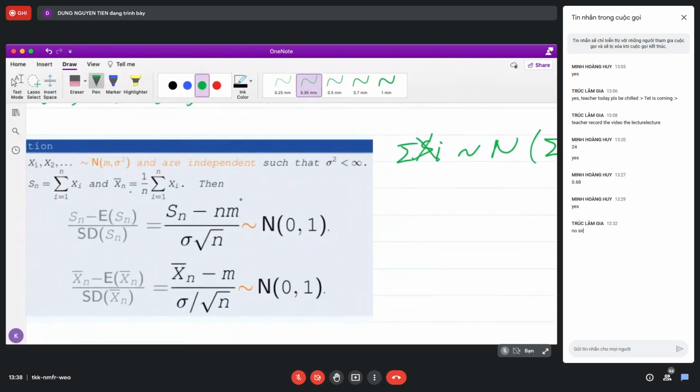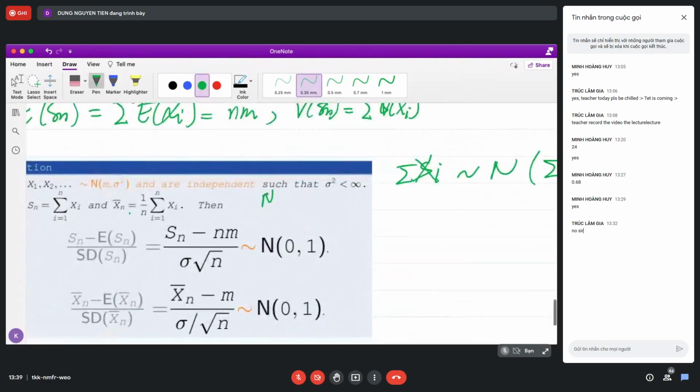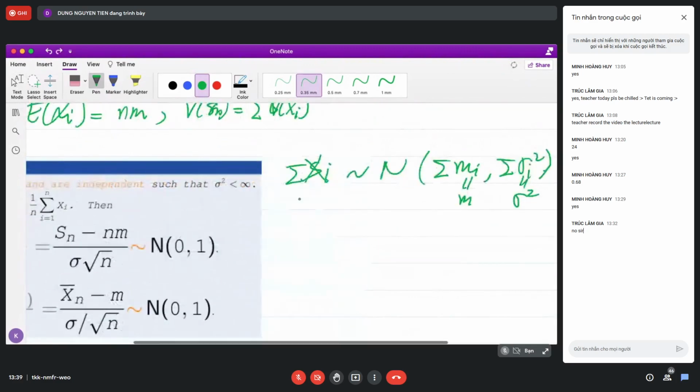So Sn follows the normal distribution with mean n times m and variance sigma squared times n.